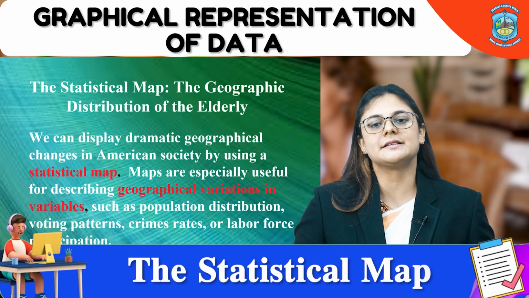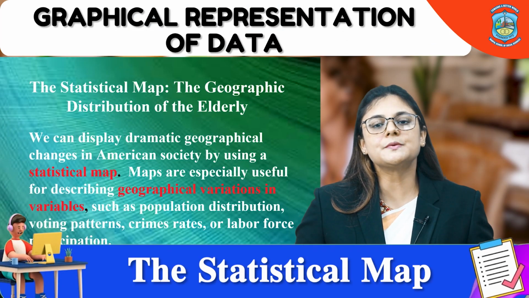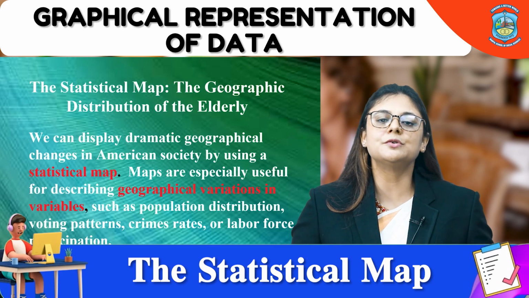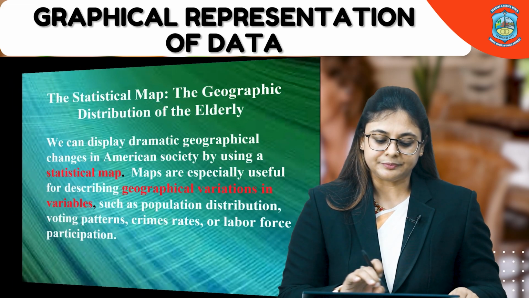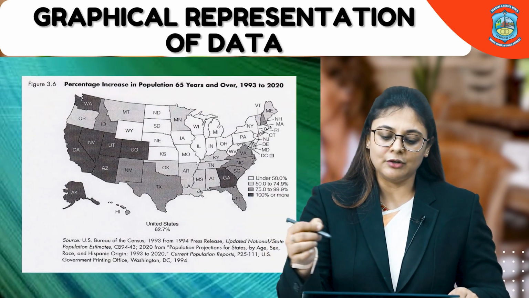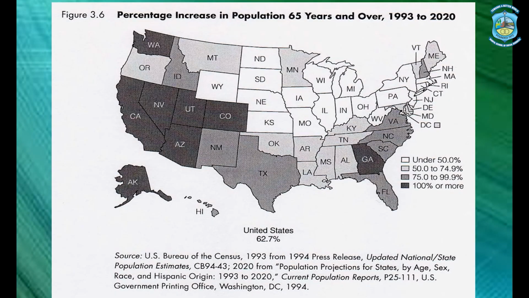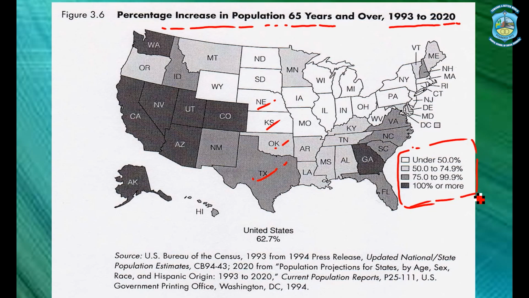The next category is that of the statistical map. Usually, the statistical maps are used to represent the geographical or the demographic data. This is an example of the representation of percentage increase in population of 65 years, that is 1993 to 2020, and these are the different states in which the population has risen, and this is the key to the statistical map.